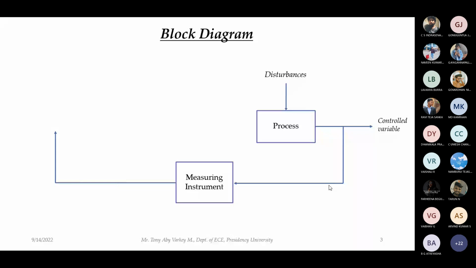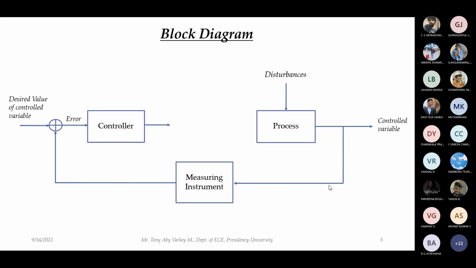Then what will you do with this? It will be compared with the desired value of the controlled variable. Then the error will be produced. That error will be given to what? Controller, correct. In the earlier example, what was the controller connected to?